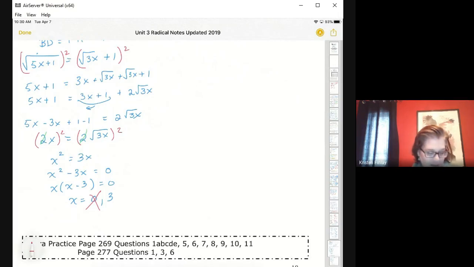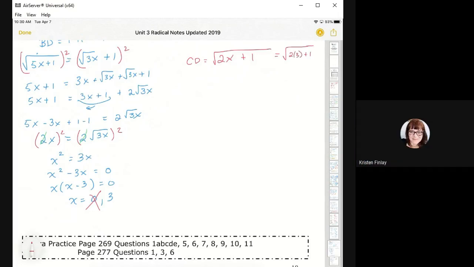So let's look at all of our values. CD is equal to, from our diagram, root 2x plus 1. If x is equal to 3, it's the square root of 2 times 3 plus 1.